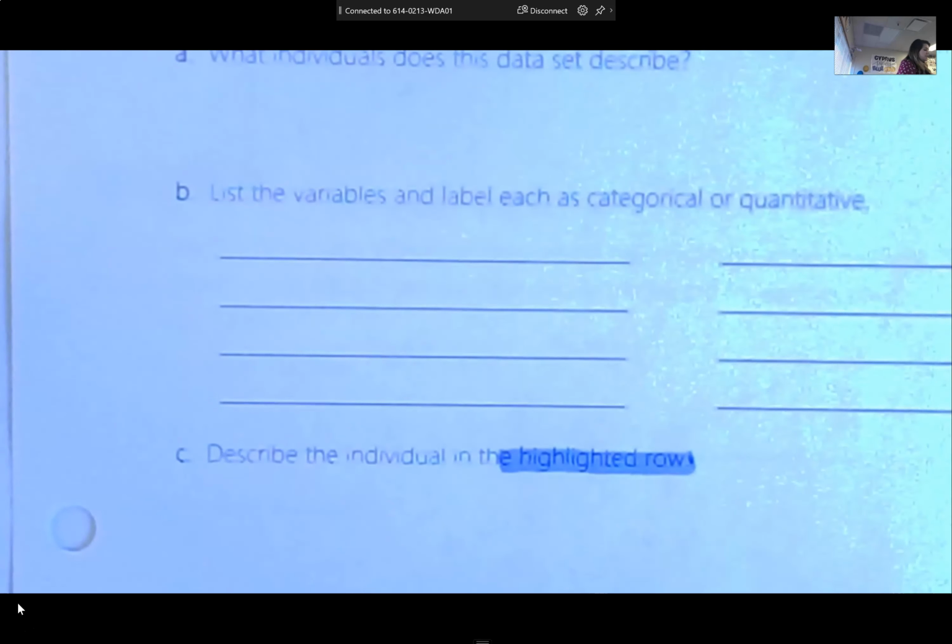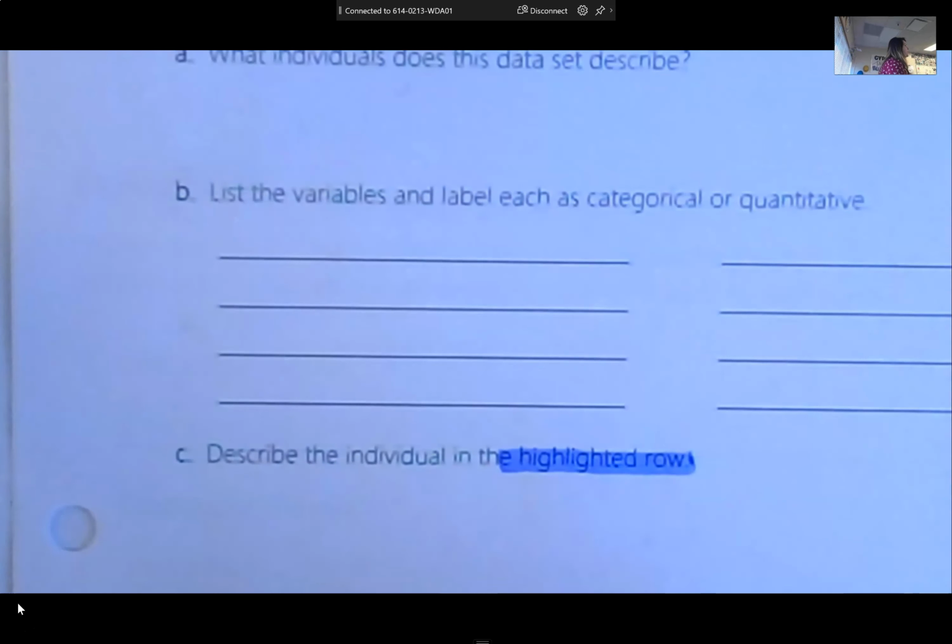What they mean by that is they want you to describe that student. So you would say the student in the highlighted row is Mel, left-handed, he's 62 inches tall, and he spends 10 minutes on homework every night. His favorite music is alternative, and he had no money in his pocket. That's what they're expecting you to do on C, on the one that's on the screen.